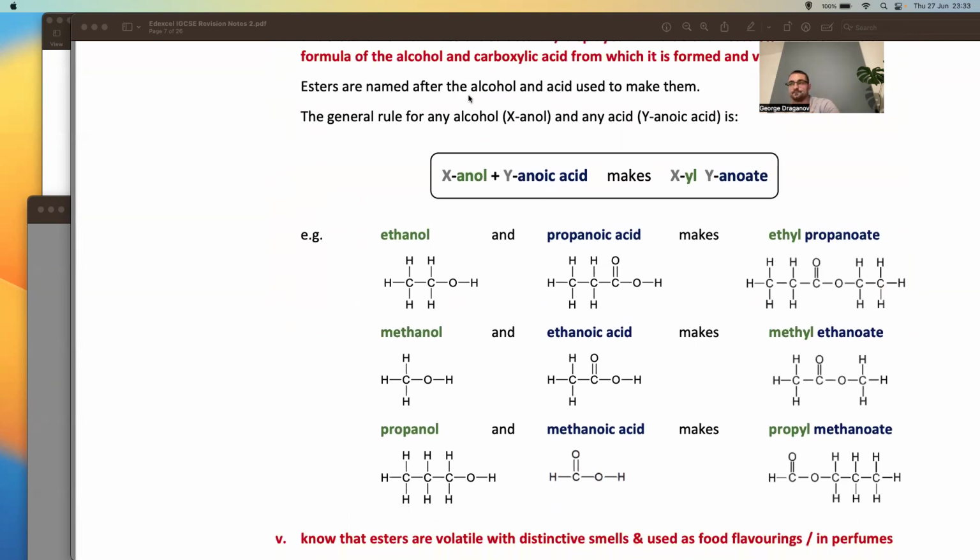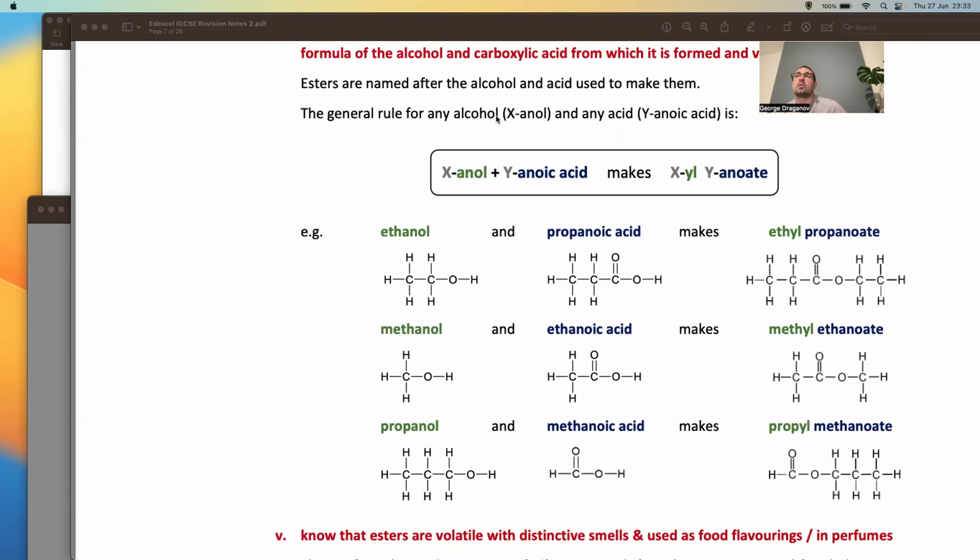Esters are named from the alcohol and acid used to form them, and the alcohol part is going to be the -ol, and the acid part is the -anoic acid. Now, when you combine them together, the alcohol part makes a -yl ending, like ethyl, methyl. Then the ester part is -oate.